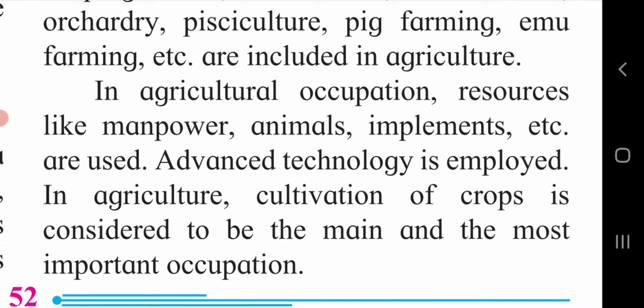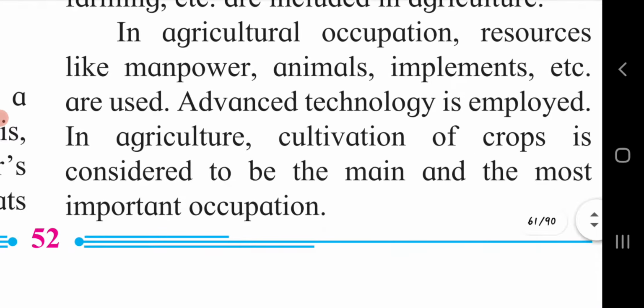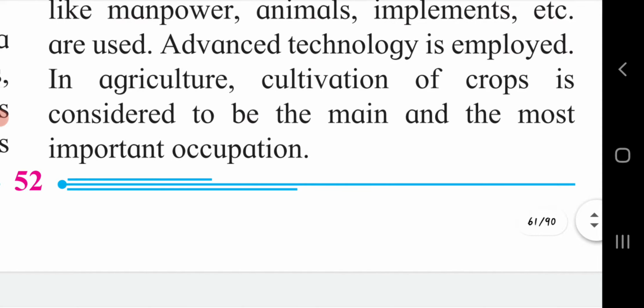So here, different types of agriculture, different crops and the use of different animals for different agriculture productions, about that a short information is given. Depending on this, we can come to know that under agriculture, different things and different uses of animals can also be done.